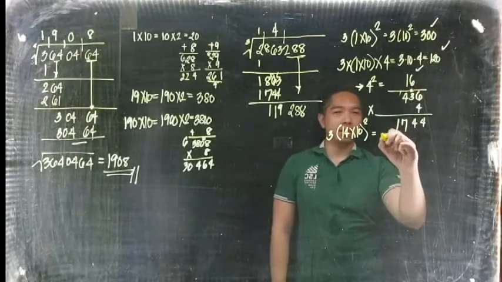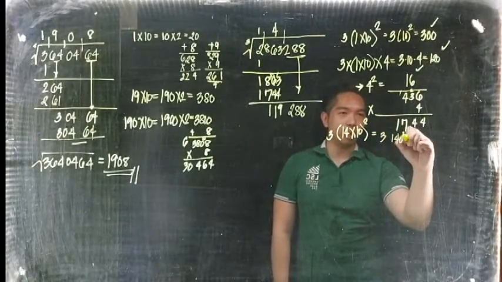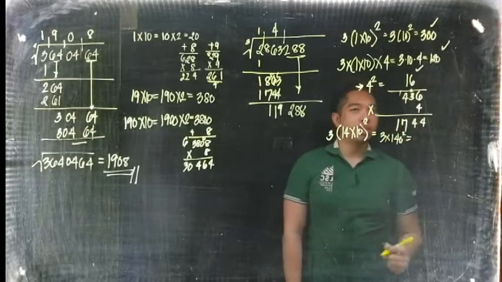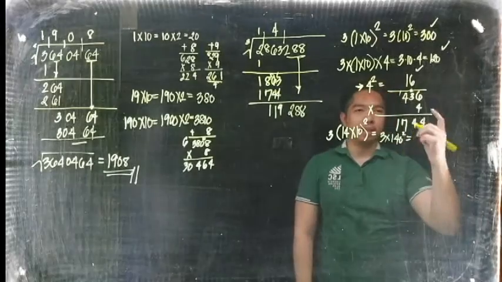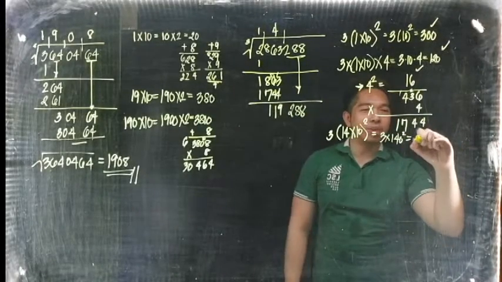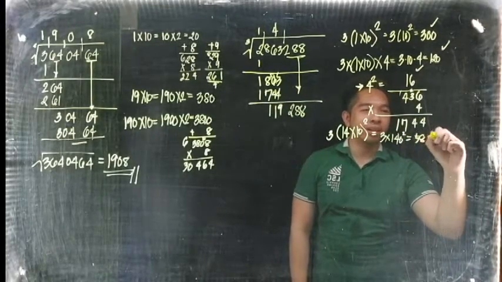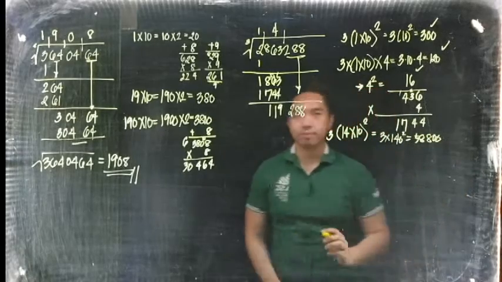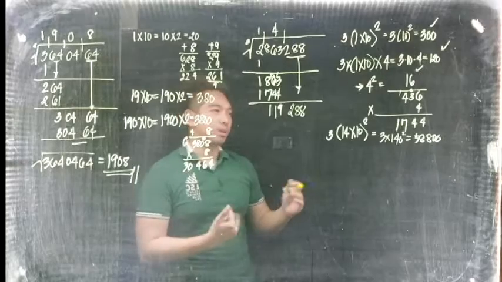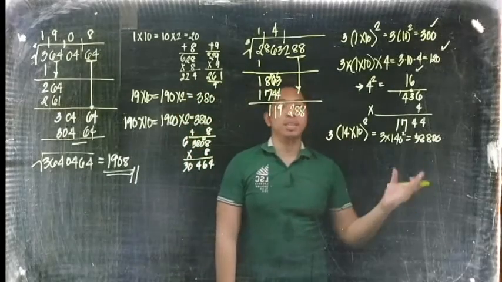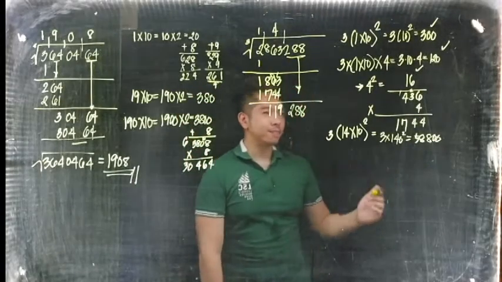So that would be 3 times 140 squared, which is equal to, okay, I just solved it a while ago, okay, na meron akong code dito. So that would be 58,800, okay. So kaya medyo alam mo na siya kasi sinolve ko siya a while ago, okay. So that is 58,800. So right after that, anong next?